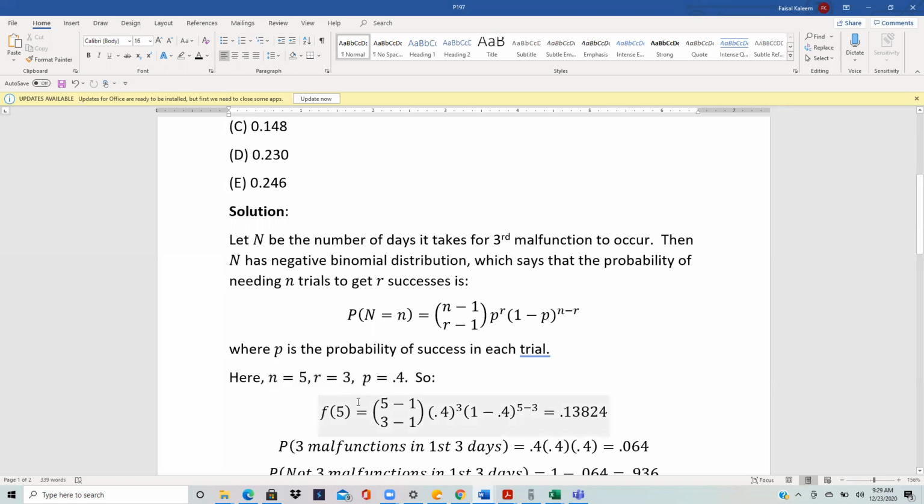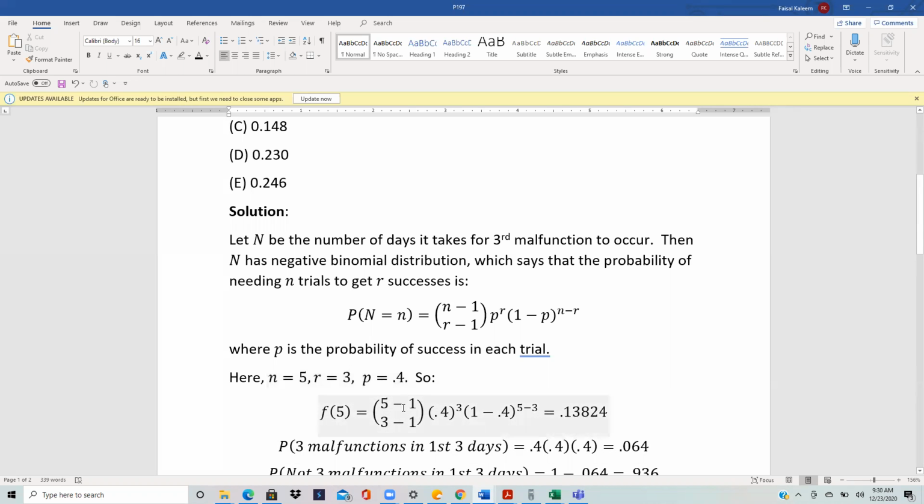So substituting these, we get f of 5 equals 0.13824. So f of 5 is the probability that it takes 5 days to get 3 malfunctions.